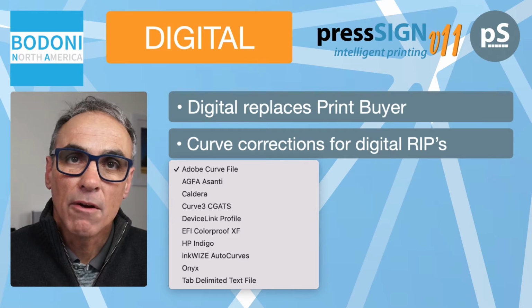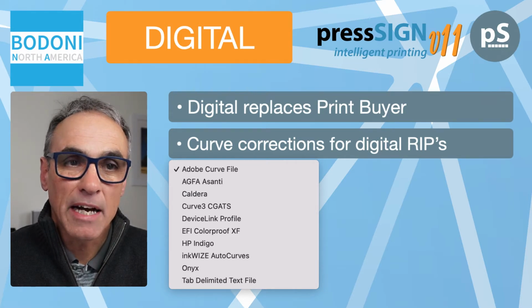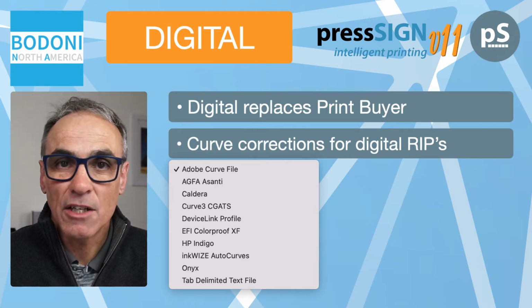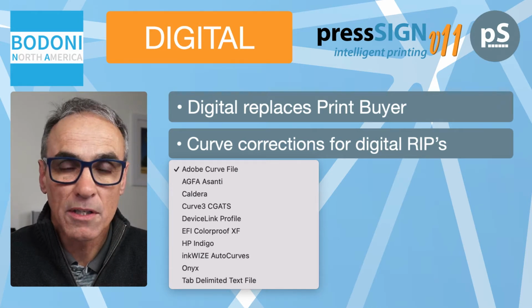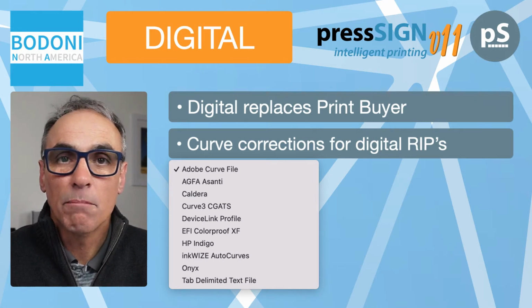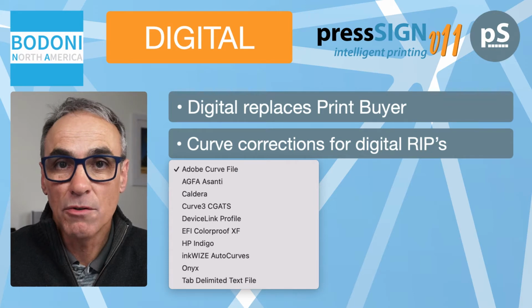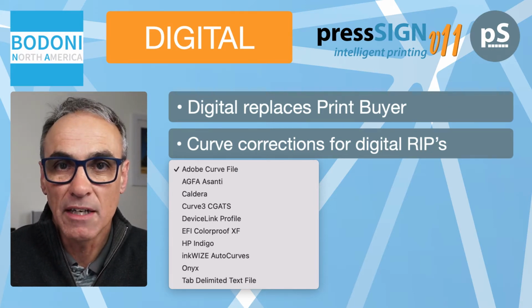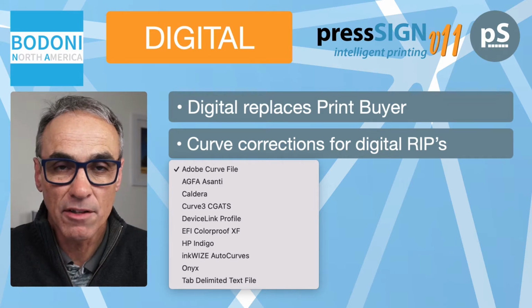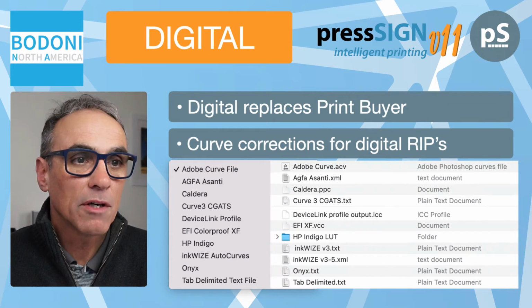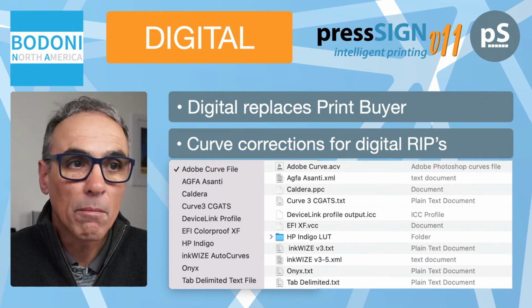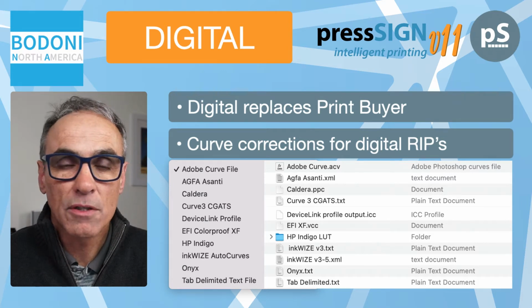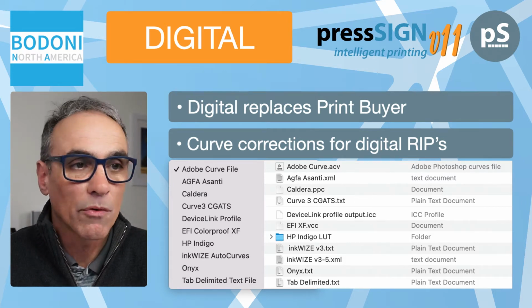So we've always been able to export the tab delimited text files and most of the other ones if you wanted to make manual adjustments using a printed sheet instead of actually importing the adjustment data directly into the RIP. Just to show you, these are the file formats that each of those workflows will export.